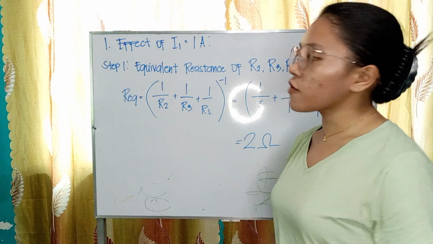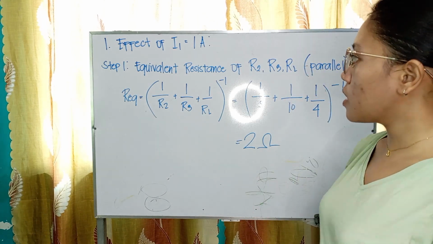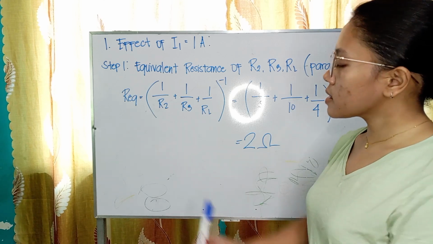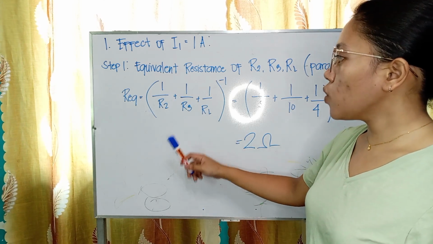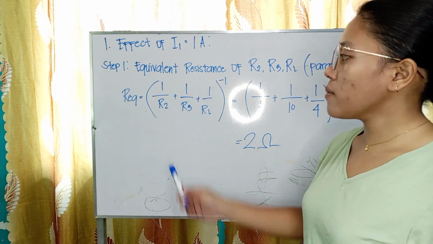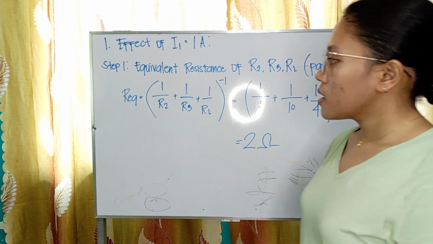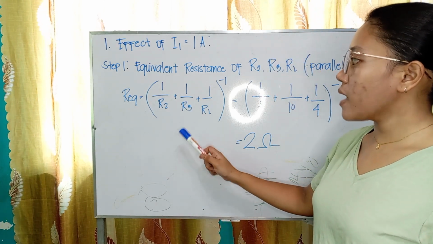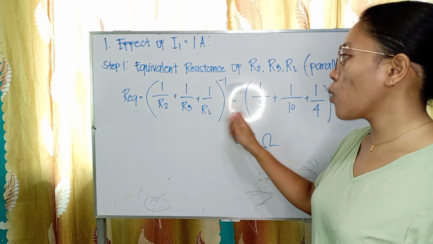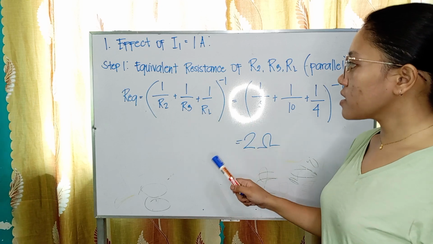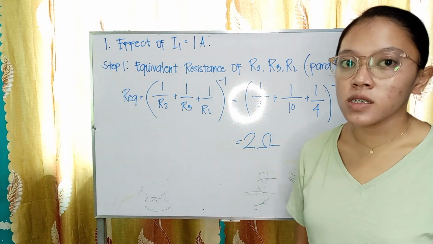The formula for this is equal to 1 over R sub 2 plus 1 over R sub 3 plus 1 over R sub L, close parenthesis, to the power of negative 1.